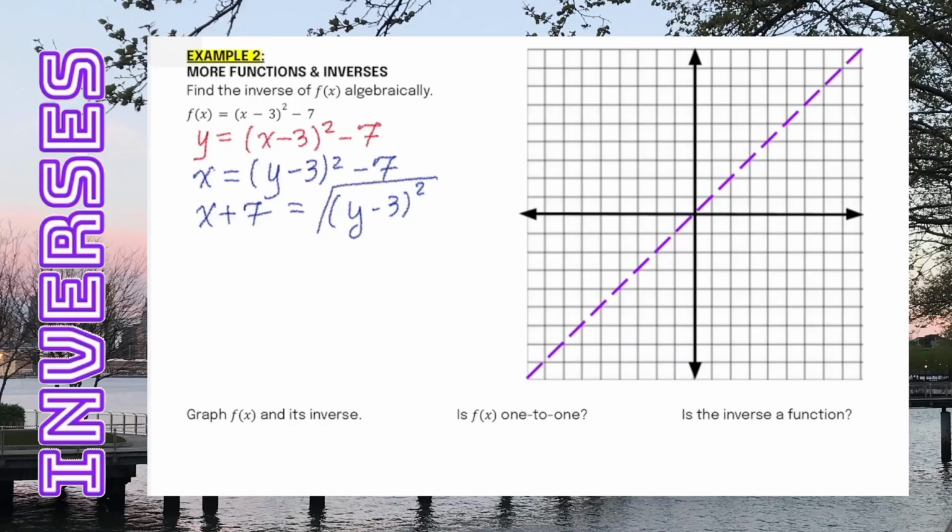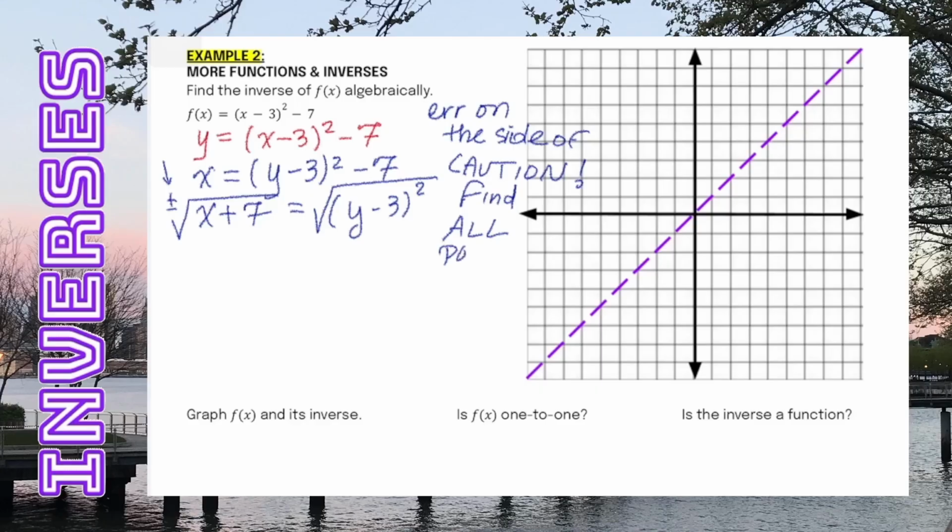Now, I'm going to do the inverse operation right now, which is to take a square root. When you are the one taking the square root yourself, you must put plus minus on the outside. We err on the side of caution, and we find all possible outcomes.